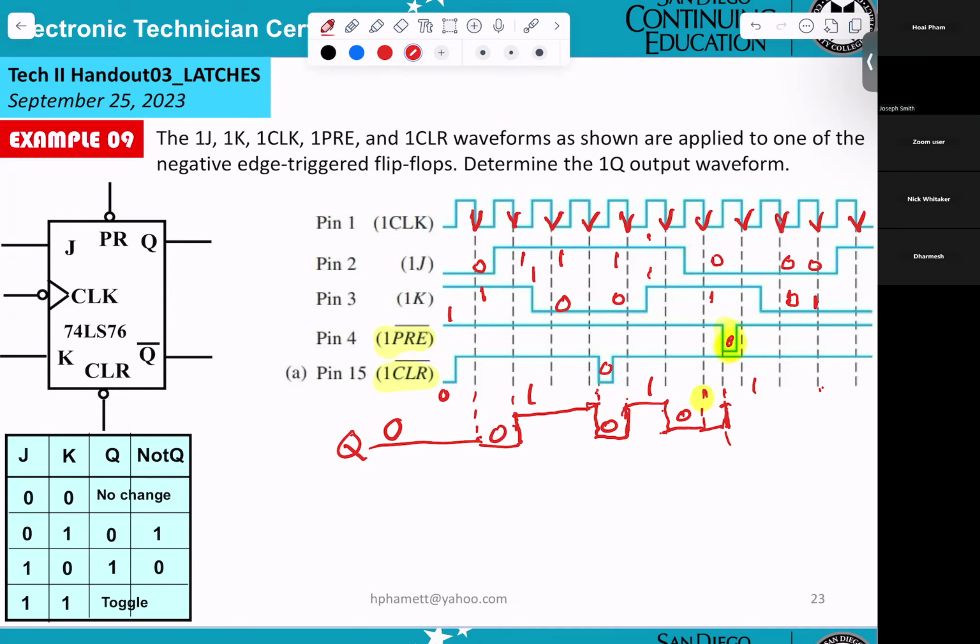When you get a clock here with 1 and 1, the output toggles, but I'm talking about that first part. Preset is zero, so the output is one up to this point.